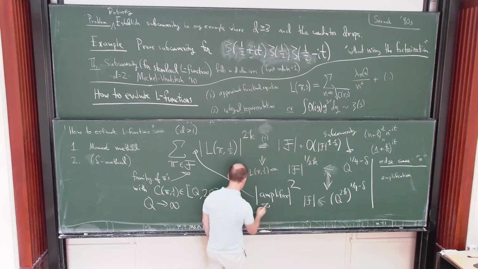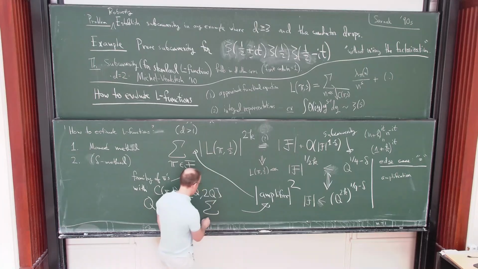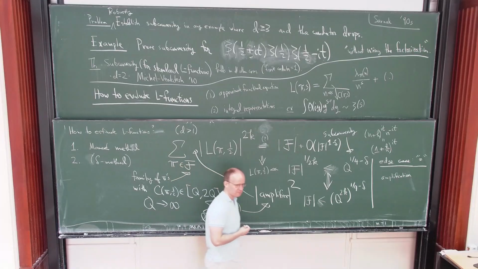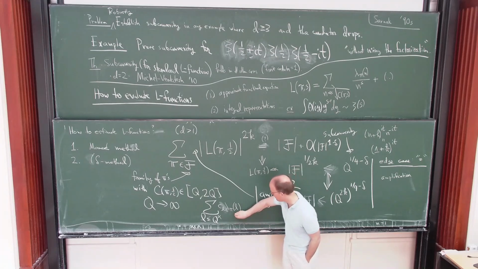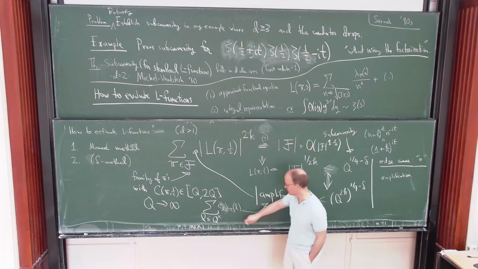Which consists of some short sum, say over l up to some very small power of the conductor, maybe q to the alpha, of some general bilinear form coefficients times some coefficients involving pi. So you can choose the coefficients to bias a particular pi, maybe I call it pi naught, to single it out.